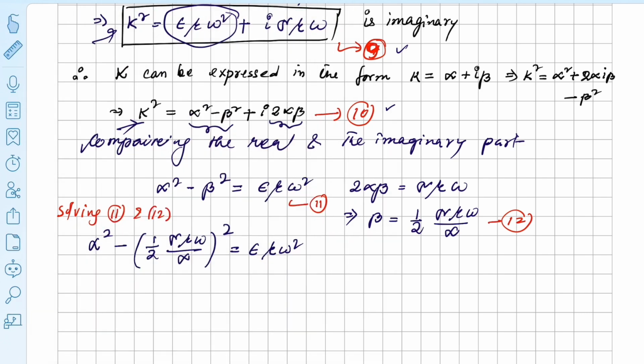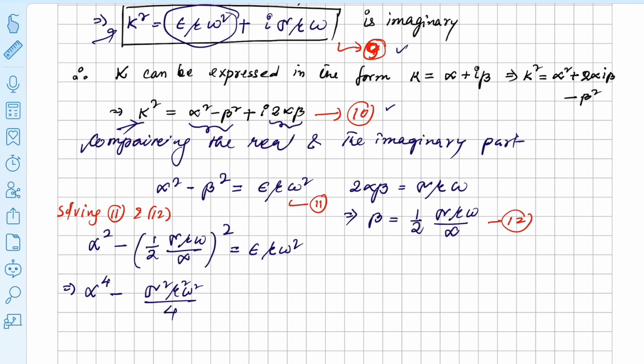Now you see, if we simplify this, it can be written this way. If we multiply each and every term by alpha square, we're going to get alpha to the power 4 minus sigma square mu square omega square by 4, times alpha square. Oh sorry, when you multiply alpha square here and here, this alpha square will be cancelled with this alpha square, right?